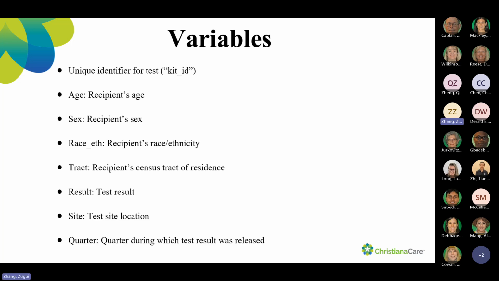The variables in this data set consist of ID, age, gender, race, the geocoding information, test results, positive or negative, the test site location, and others.